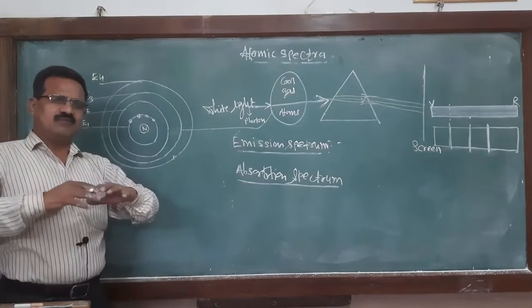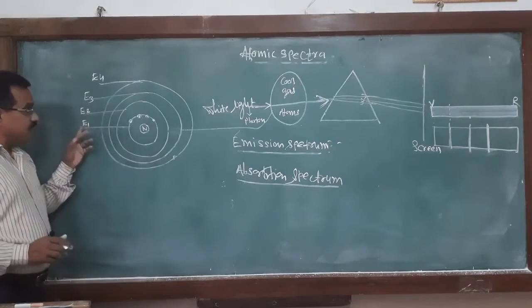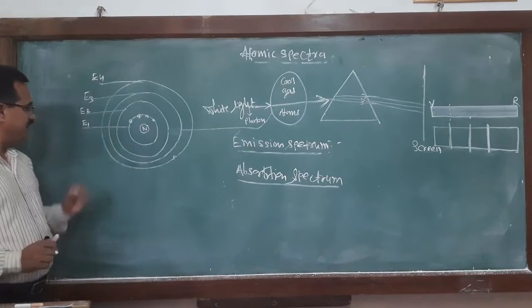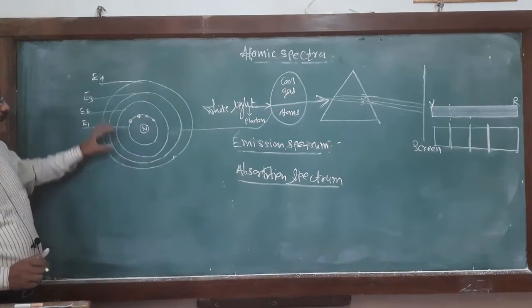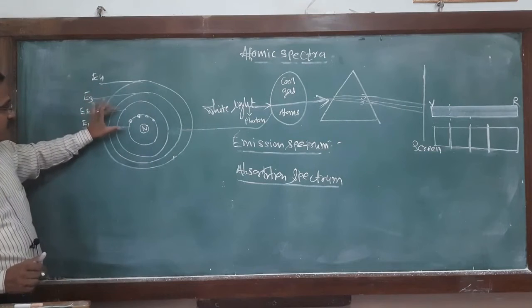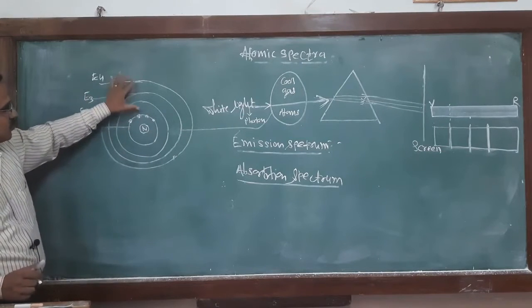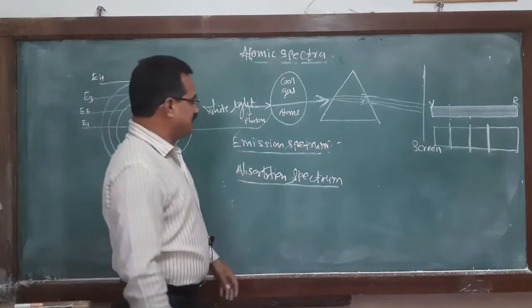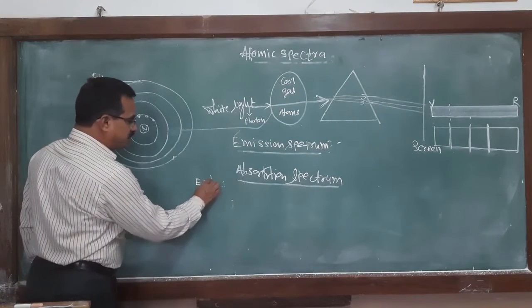White light contains all wavelengths, no doubt. But it contains a number of photons. A photon is absorbed when its energy is equal to the difference of the two energy levels. The photon energy is E equal to h mu.